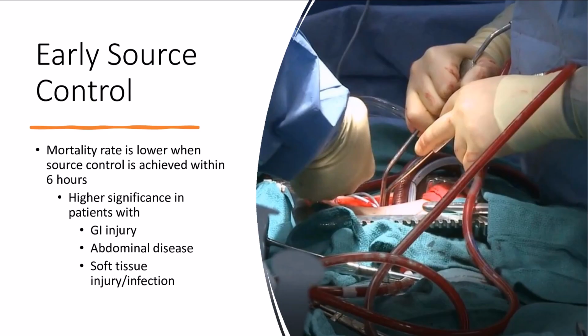However, that needs to be balanced against leaving a septic focus or an injury focus in my patient that is going to lead to the generation of many, many more times the number of cytokines and inflammatory cells and debris, and potentially increasing the risk of infection in my patient. That could mean that my patient may never develop hemodynamic stability. So we need to try to do everything we can in the first few hours of therapy to improve our patients' hemodynamic stability, and then to try to take them to surgery.